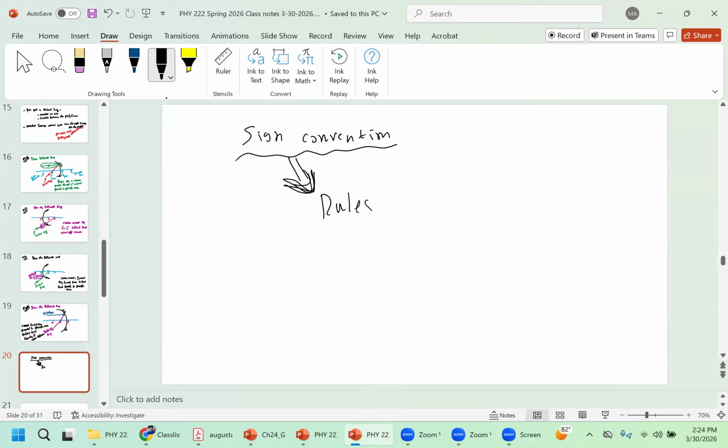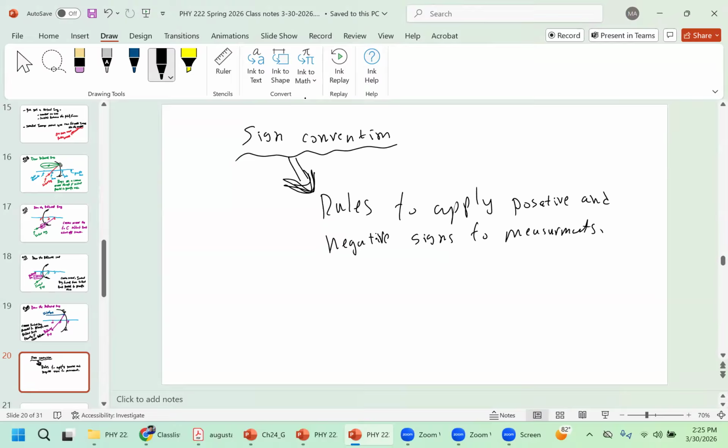It's the rules to apply positive and negative signs to measurements.